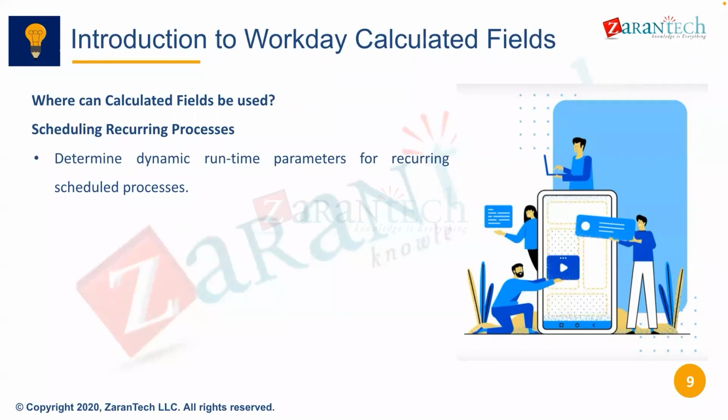So I can schedule a recurring process using a calculated field which tells a manager, using a Workday report, that your report is birthdays tomorrow. So we can schedule a particular report and put a condition saying that if the worker's report is birthdays tomorrow, send out an alert based on the output that you get on the report. So we can do all these things using calculated fields.